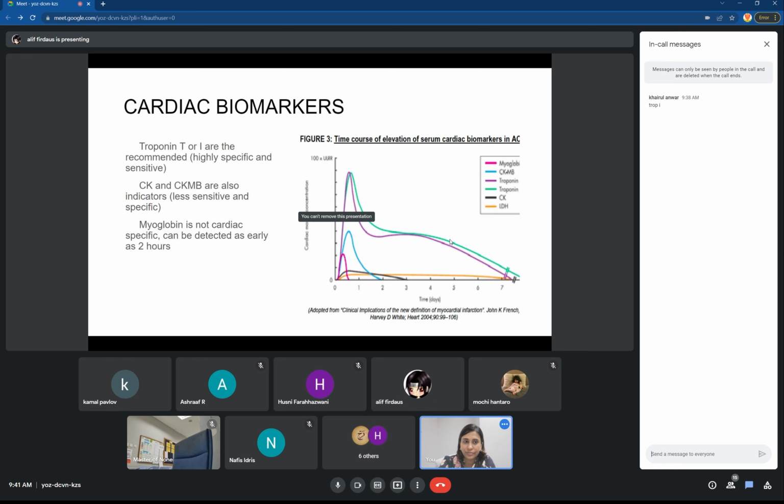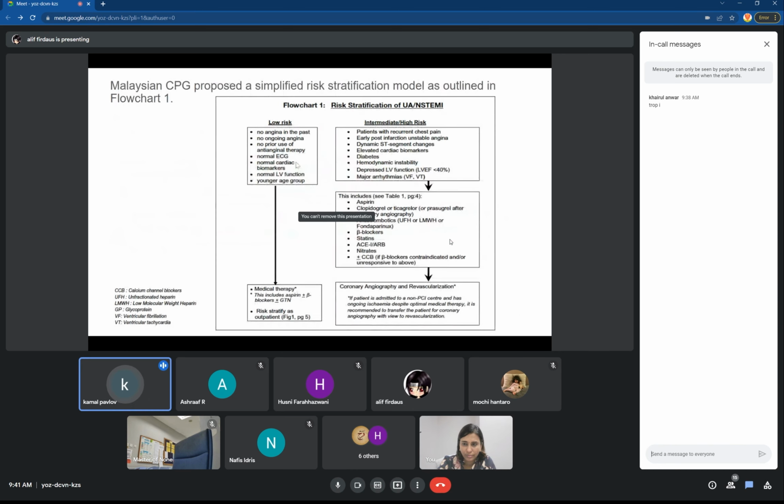Okay, next. So this is the simplified risk stratification model. How do we classify the patient into the low risk group or the high risk group? The low risk group criteria: the patient has no angina in the past, no ongoing angina, the ECG is normal, cardiac marker not raised, and normal age group.